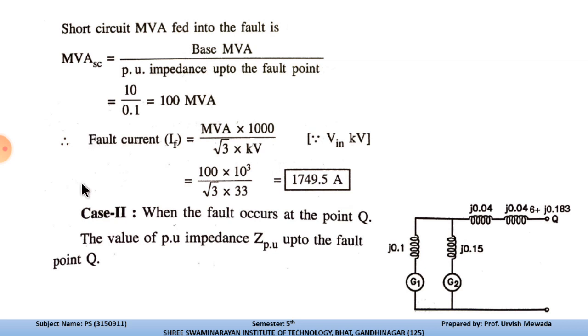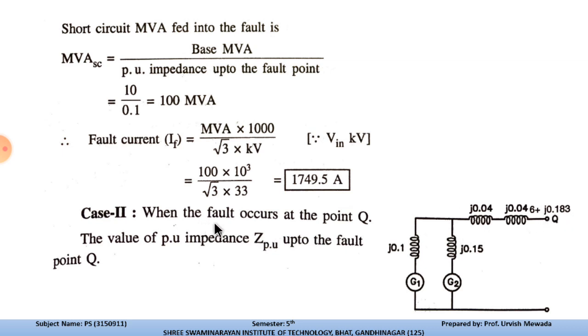Now let us discuss case number 2. In this we have the two generators which are in series with 0.04 and 0.0446 plus j0.183.